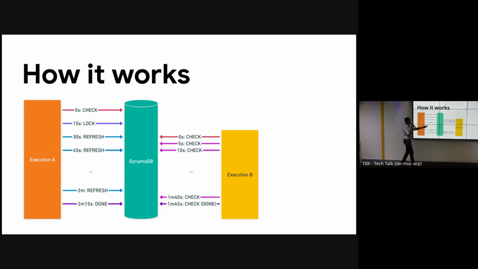On the other side, execution B found a lock because execution A was already well underway. It started waiting on it and checked the lock every 5 seconds, and it didn't expire, and it got its result back at 1 minute 45. It also was able to reuse those results from DynamoDB. So if the initial check didn't reveal an existing lock, or that lock expired at any point, execution B would have just given up on waiting and done the work itself.